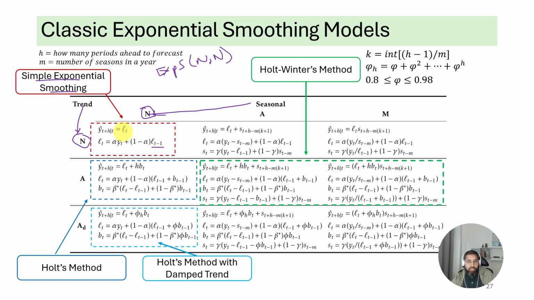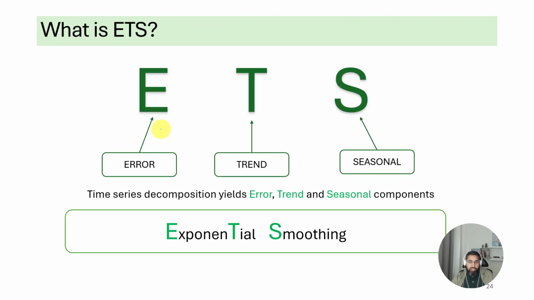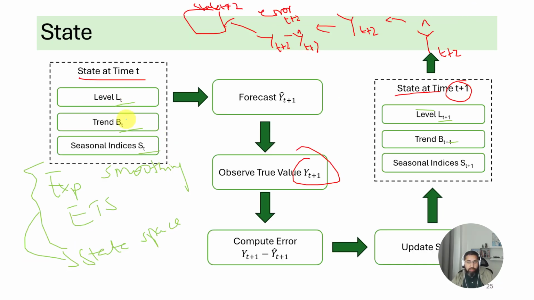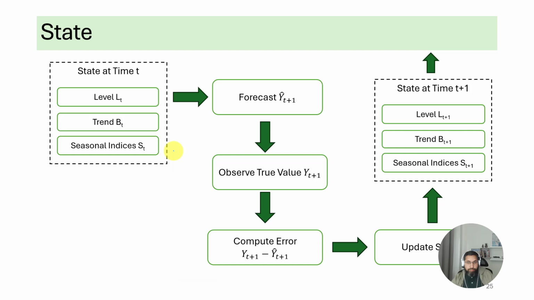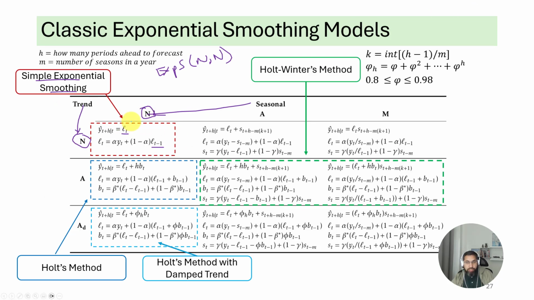So we just have the level component. If you look at time series decomposition, your state has level, but no trend and no seasonal indices, for NN, no trend, no seasonality. Okay, so that's your simple exponential smoothing.